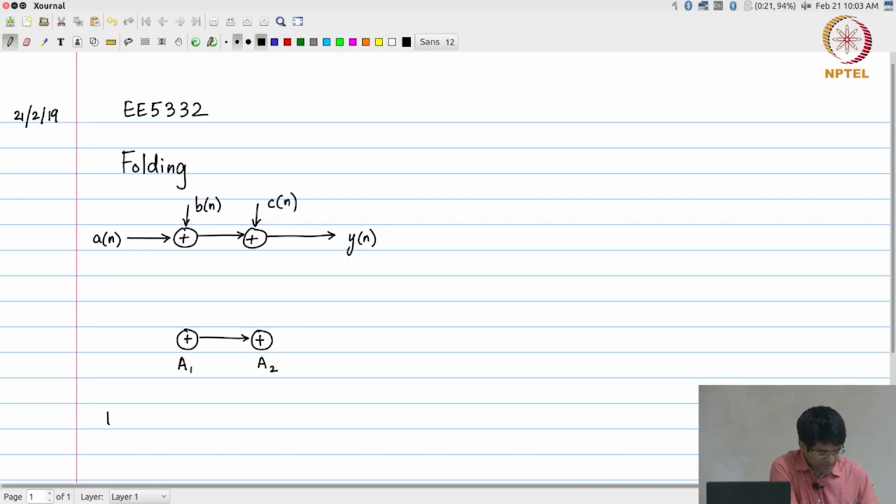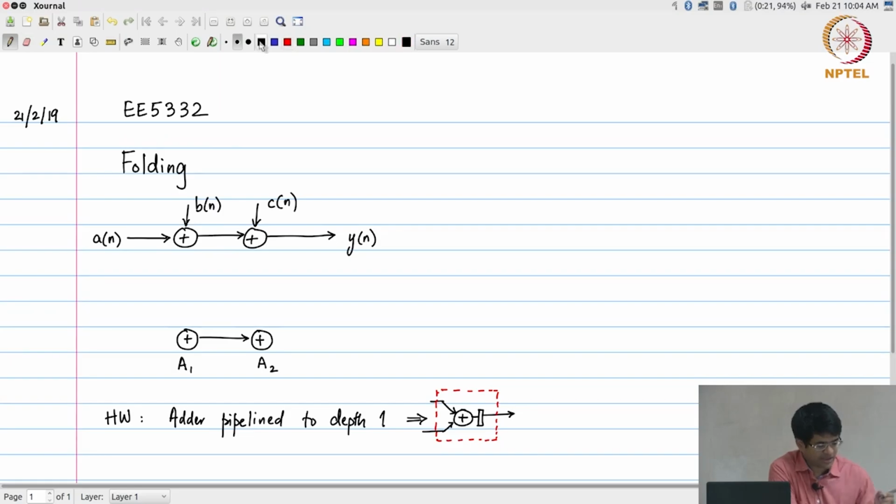The hardware that I have available is an adder pipelined to depth 1, which essentially is something that looks like this. There is an adder and a register at the output. It takes two inputs and it generates one output.